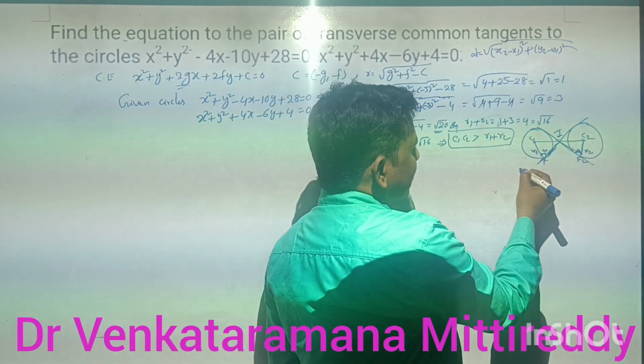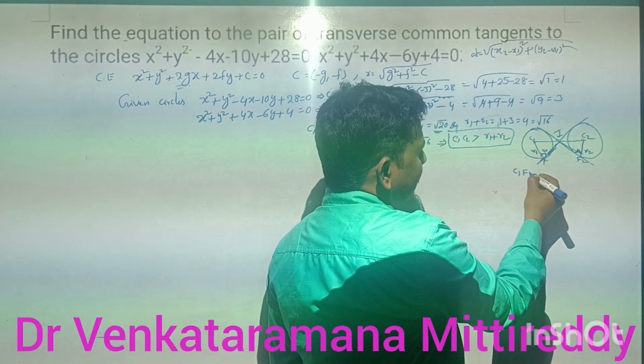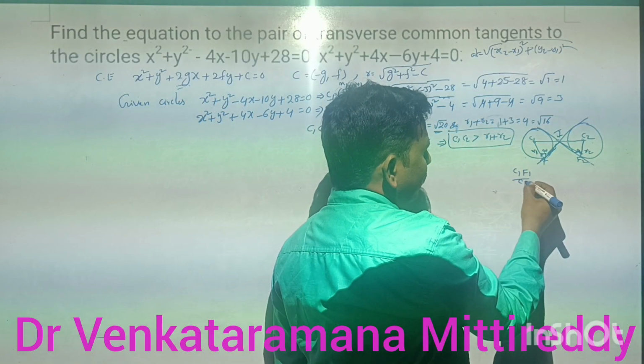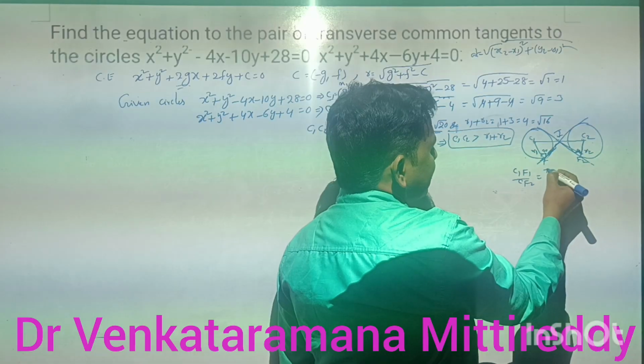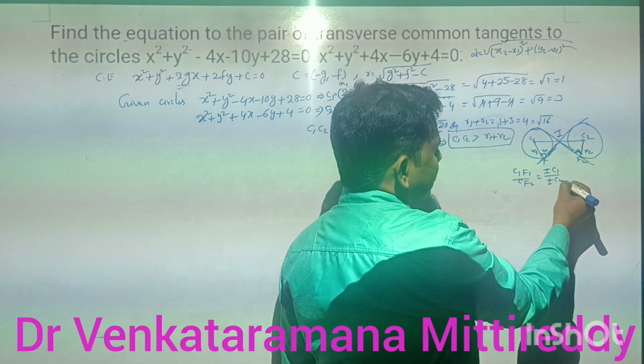Then the condition: C1F1 by C2F2 equals IC1 by IC2.